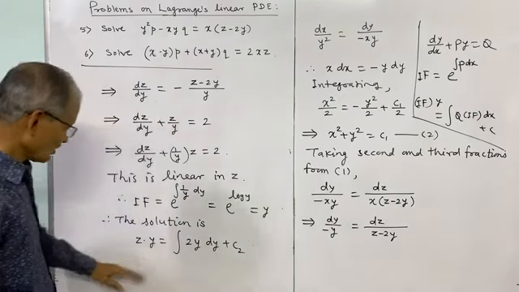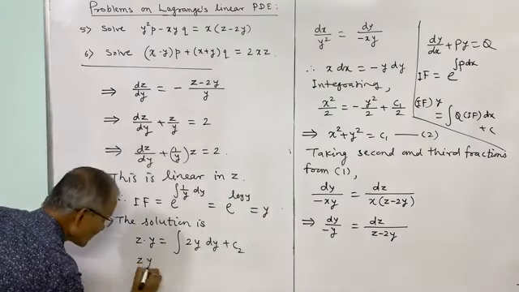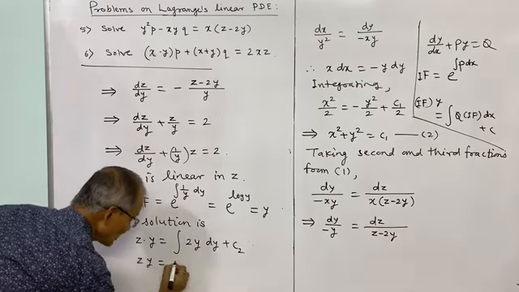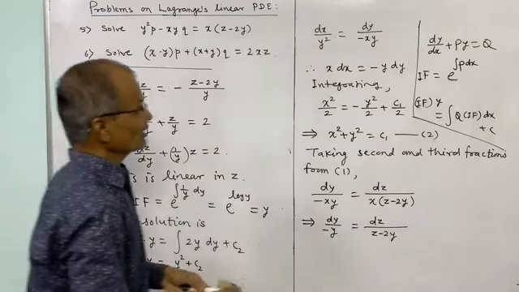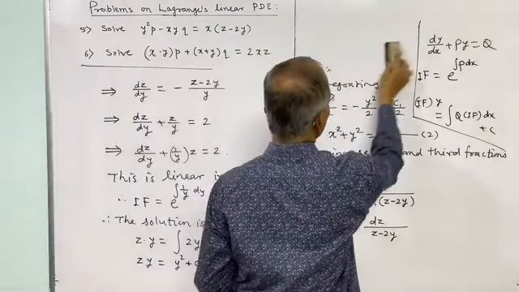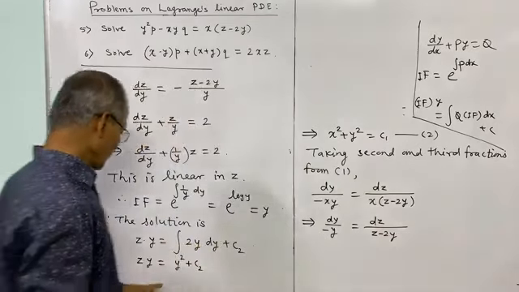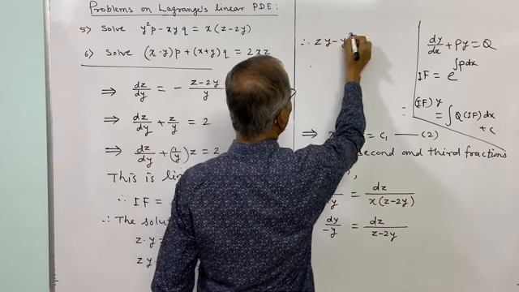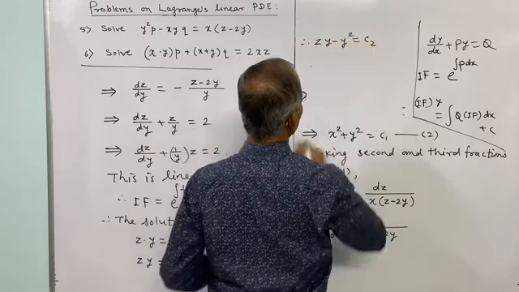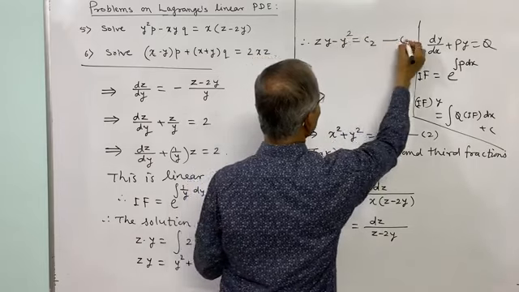So this is the solution, or that gives z into y is equal to integration of 2y, which is y square plus c2, or that can be written as zy minus y square is equal to c2, and this is our next solution, and we refer to this as 3.